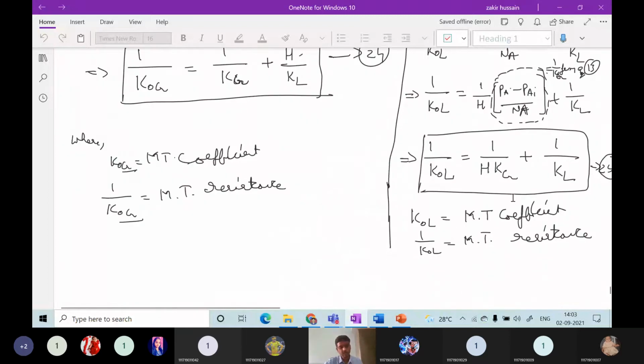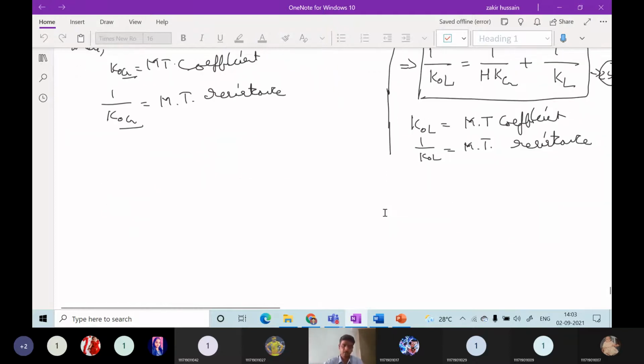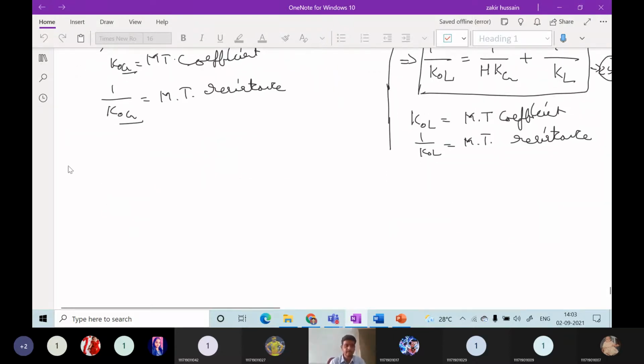So these two equations will be used in two special cases that we will see now. Okay, these are special cases. It will be used in problems.